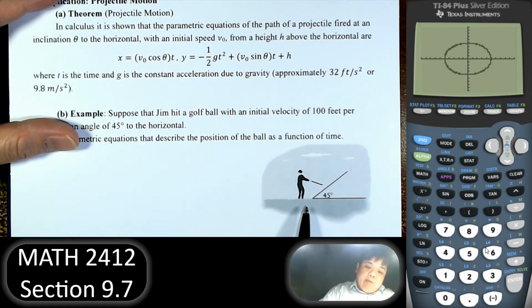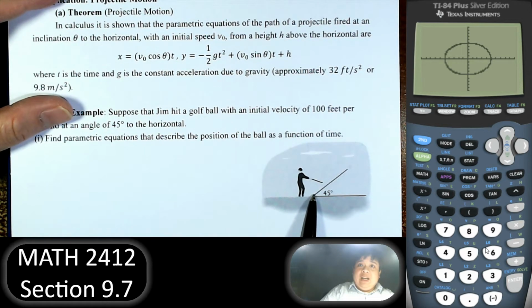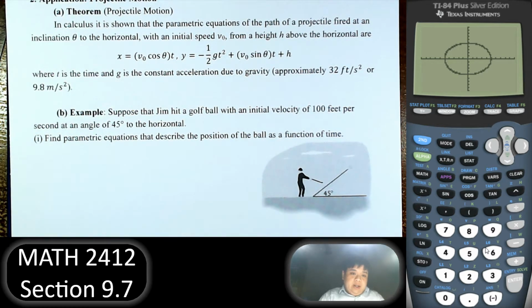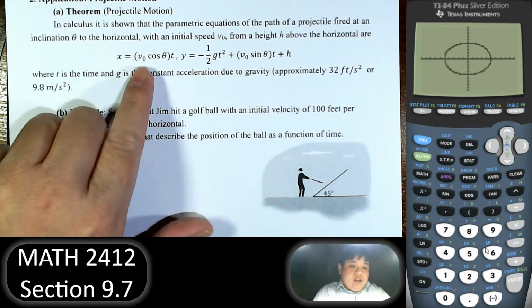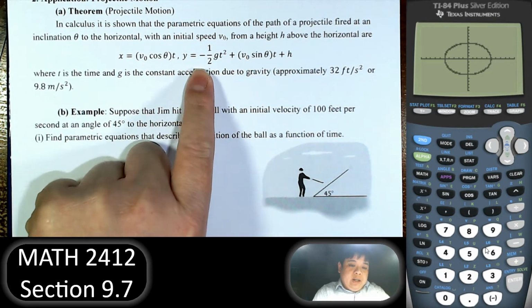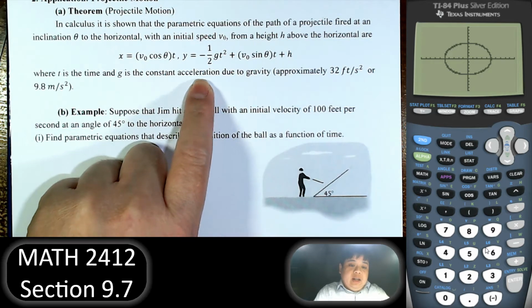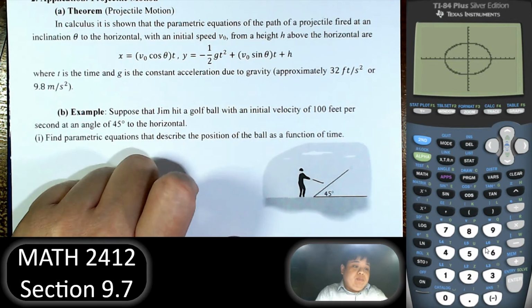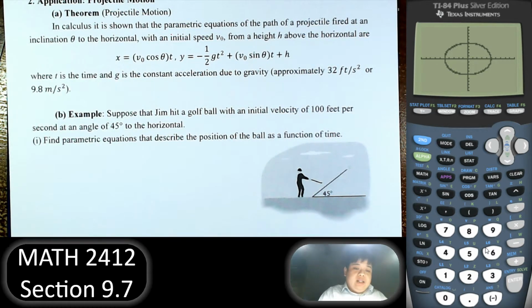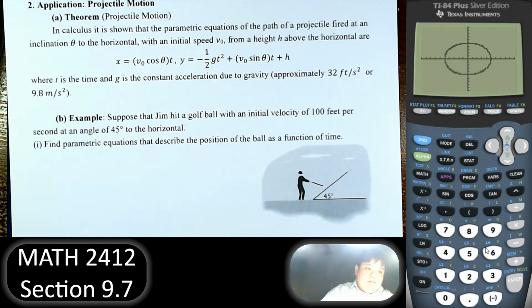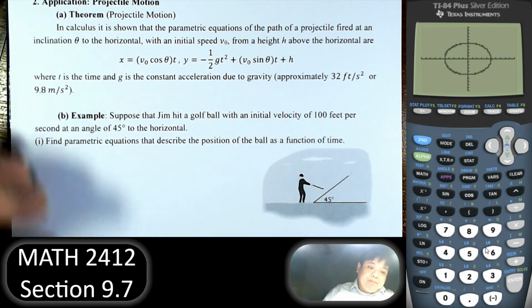If it is a golf ball, more likely that distance is very small. Right, and the equation will be given by this, where g is acceleration due to gravity, 32 feet per second squared, or 9.8 meters per second squared. And usually we have the negative because gravity points down, right?